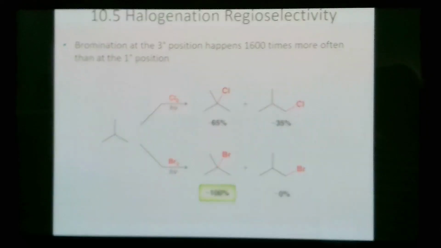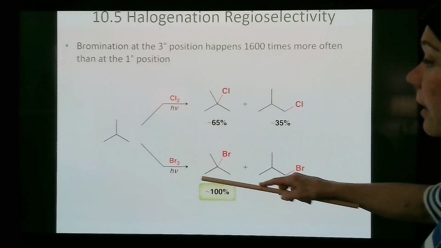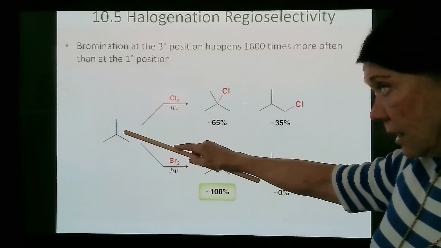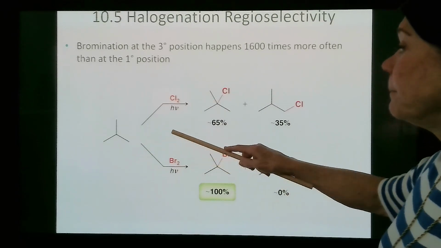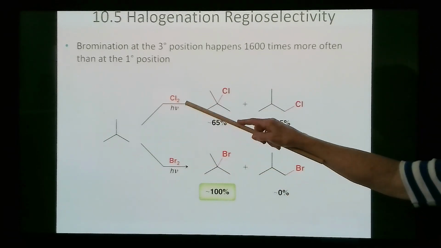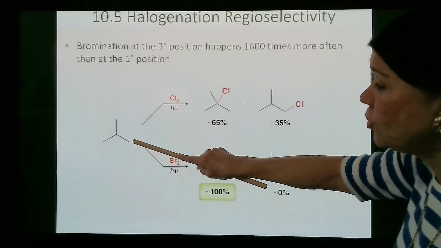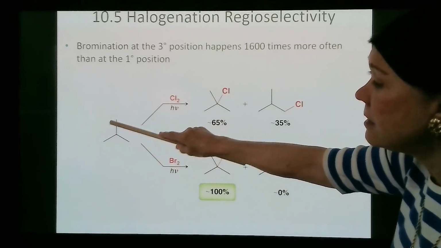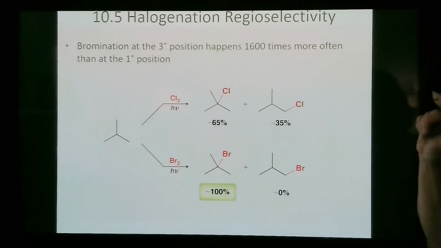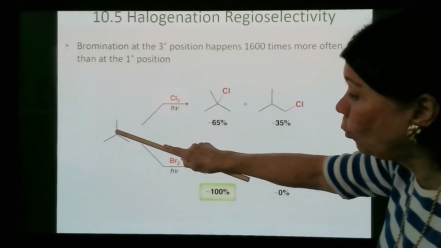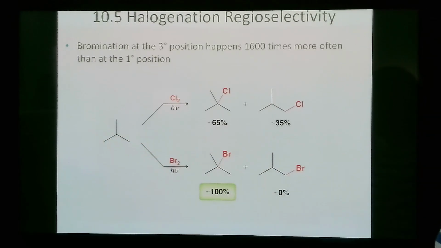So here, for chlorination versus bromination, we have 2-methylpropane. You're going to have 9 primary CH bonds versus 1 tertiary CH bond.